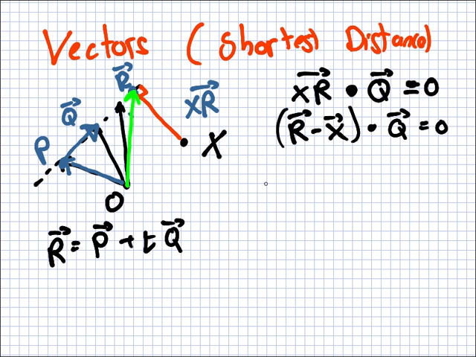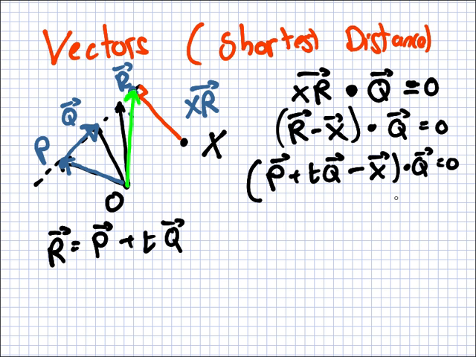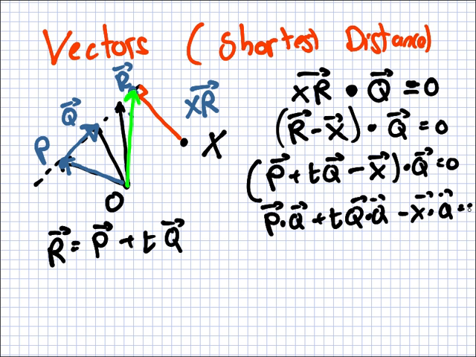Or I can write here P plus tQ minus X dot Q equals 0. So if you expand this, that's PQ plus tQQ minus XQ equals 0.